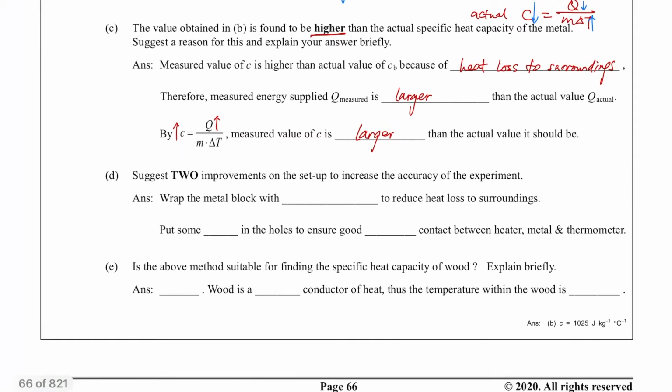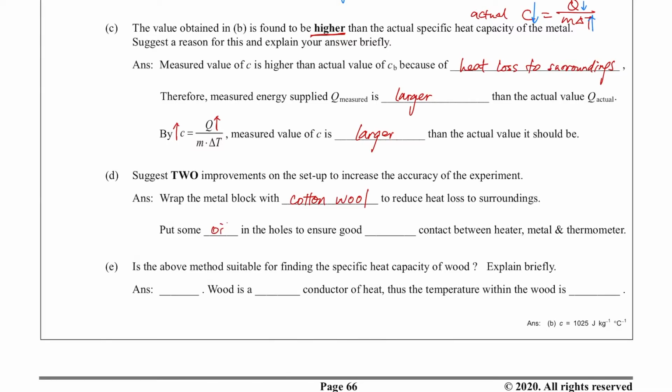Part D. We have to suggest two improvements. Now you say the calculation is inaccurate because of heat loss to surroundings, so let's try to improve that. We can wrap the metal block with cotton wool in order to reduce heat loss to surroundings.